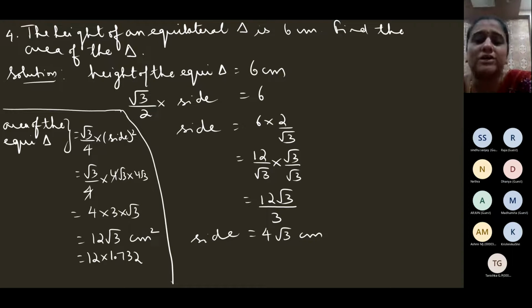What is the value of the base? 4√3 centimeter, ma'am. Oh, after finding 4√3 you're asking. Okay, yes. After finding 4√3, you can use half base into height. Yes, you can use.